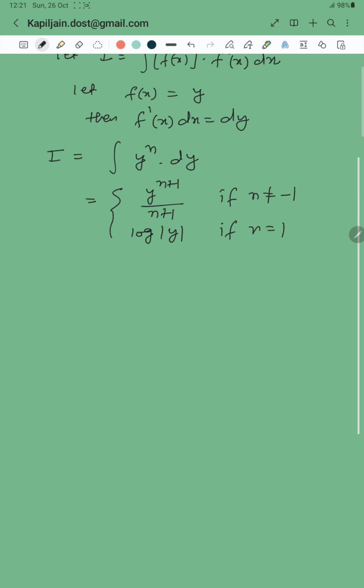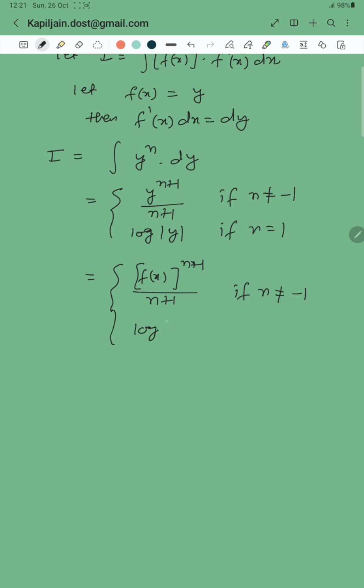So finally replacing y by f of x, we get f of x raised to power n plus 1 divided by n plus 1 if n not equal to minus 1, and log of mod f of x if n equal to minus 1.